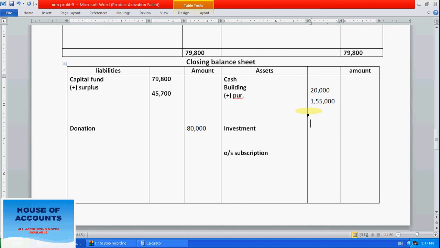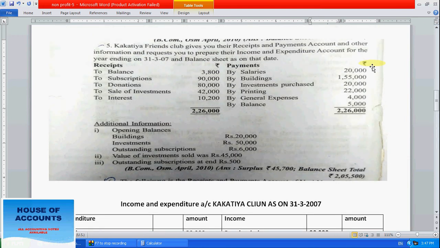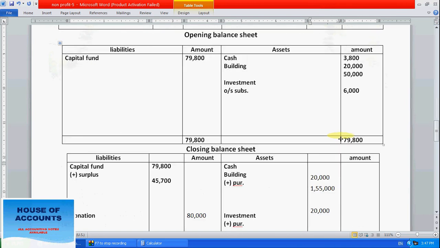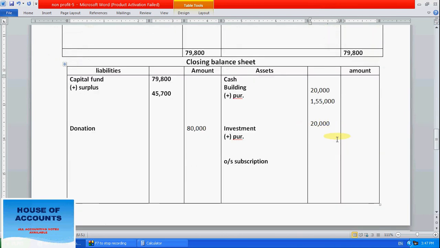Okay, right here investment is how much? Opening is 50,000, sorry, and purchase is 20,000.